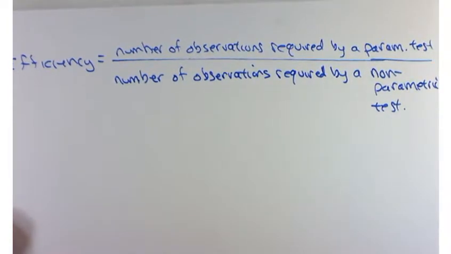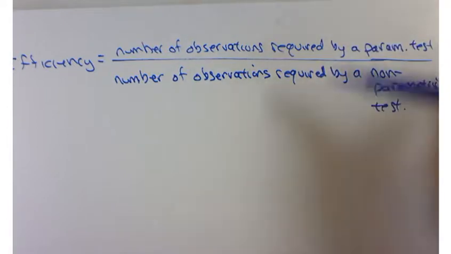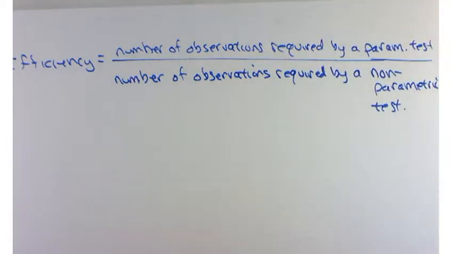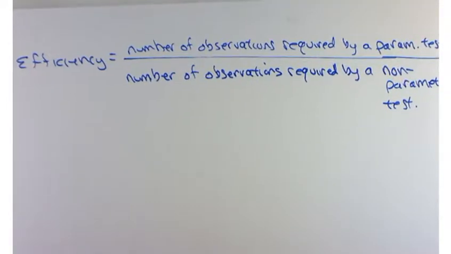So something that's extremely inefficient would have a very low number here. If something is relatively efficient, then this number is going to be closer to 1.